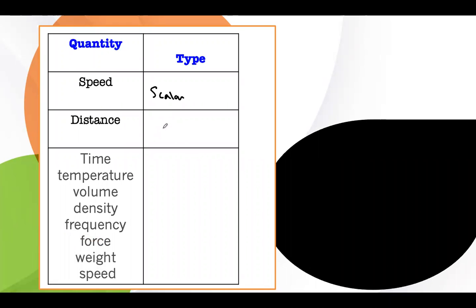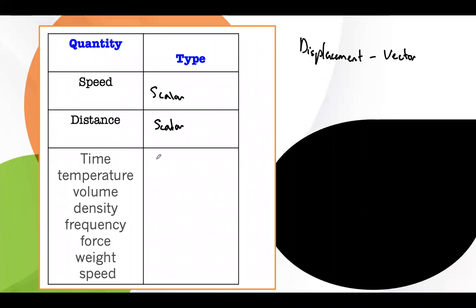Distance is also a scalar. Displacement, on the other hand, is a vector quantity. So I'll include this into our table here.